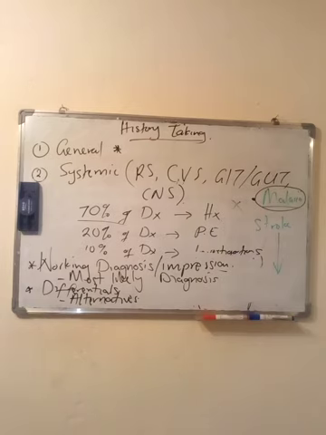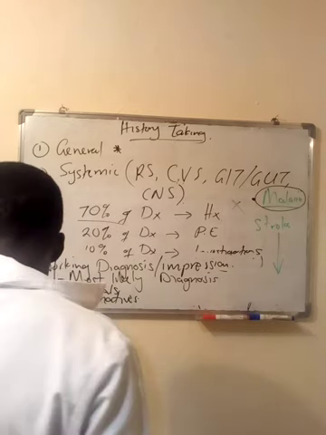So that is about working diagnosis and differentials. Now, after you do your investigations, then you are going to come up with what is called the definitive what? Diagnosis. The definitive diagnosis.